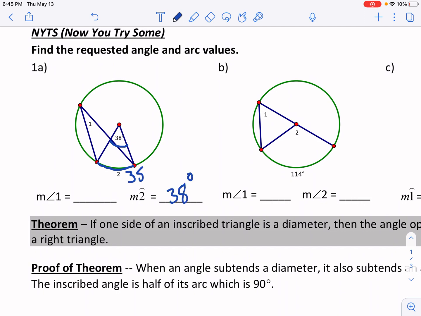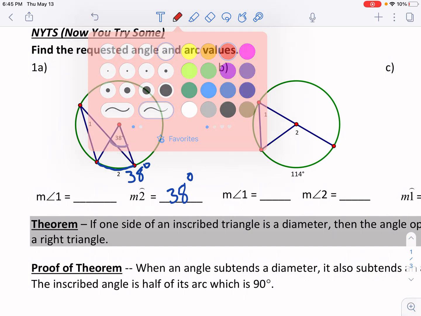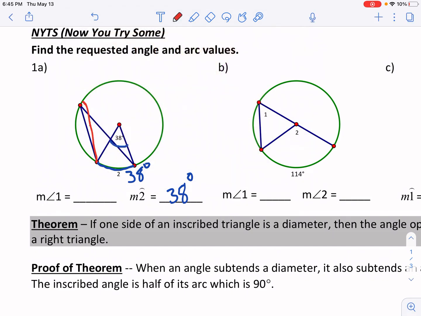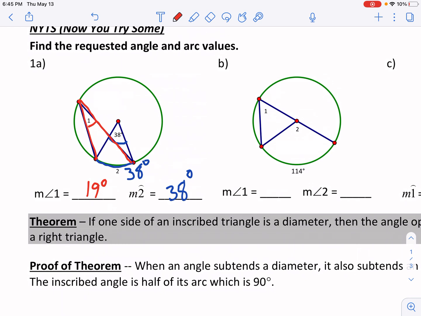Now angle 1 here is not a central angle but an inscribed angle. That means it's half of the arc that we're talking about, in this case 38 degrees. So if we take 38 divided by 2 in our calculators, angle 1 here would be 19 degrees. It's going to be half of what this arc is.